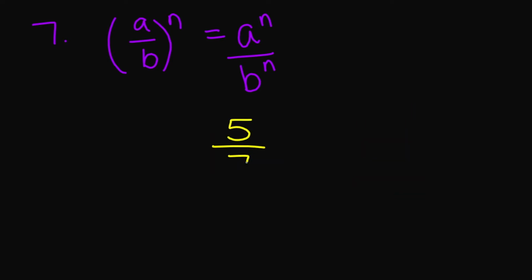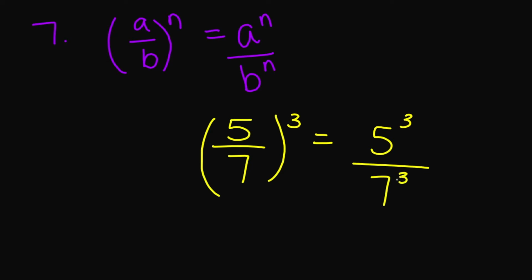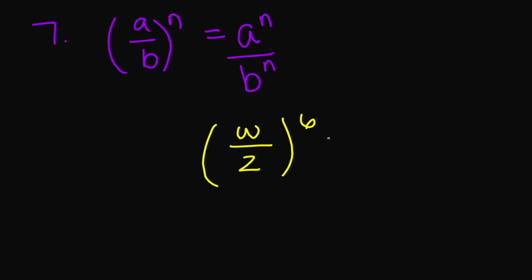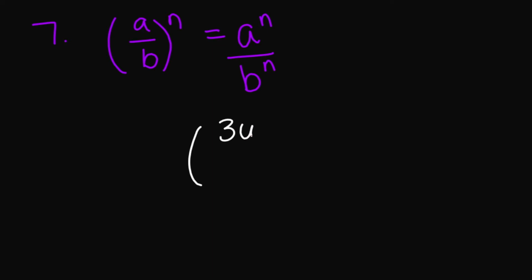5 over 7 raised to the power of 3. This is going to be 5 cubed over 7 cubed. What about this example here? We're going to do the same thing: w to the 6th power over z to the 6th. What about 3u over 5v, and that is raised to the 4th power?